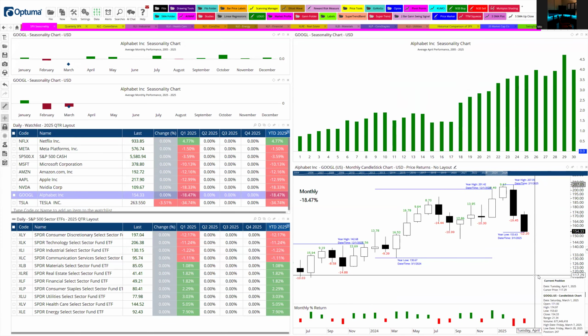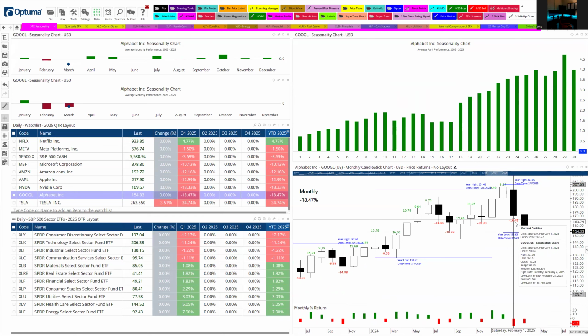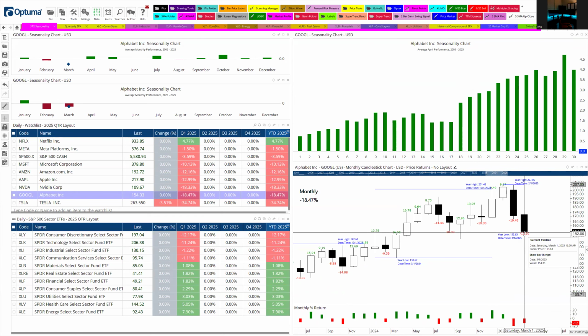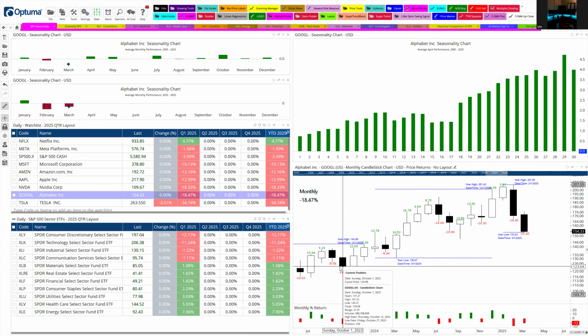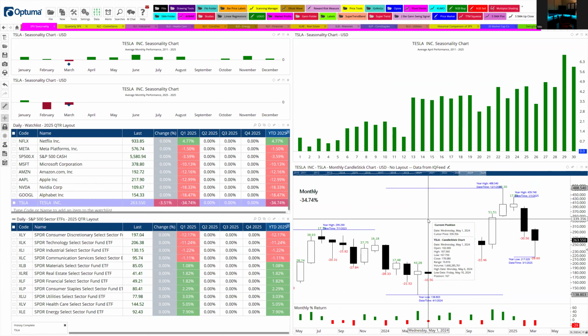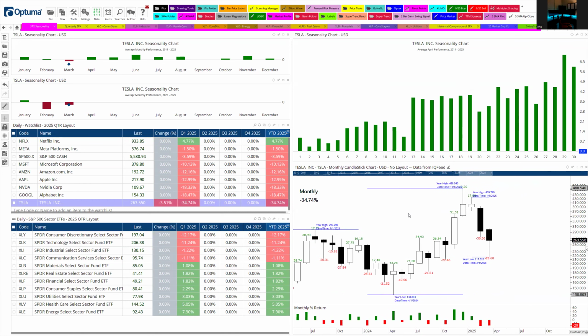Google is good. 90, man, it's some extreme ranges. 14.9, 14. Tesla. Well, looks decent.